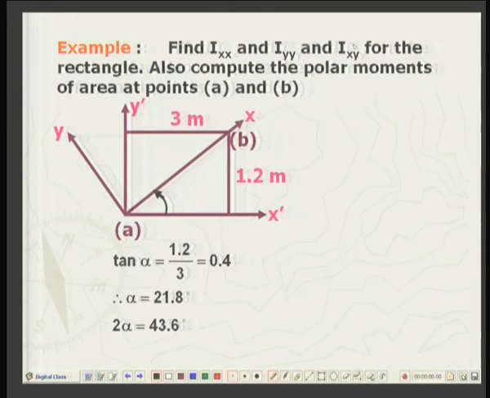Also compute the polar moments of area about axes passing through points A and B. If you recall, in our last lecture we introduced the concept of the polar moment of a given area.